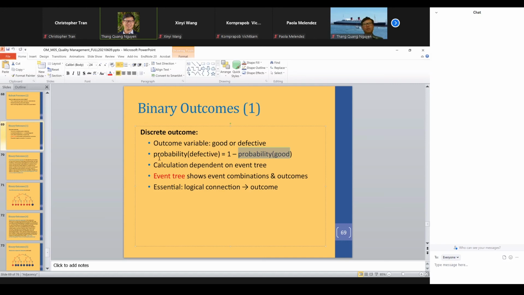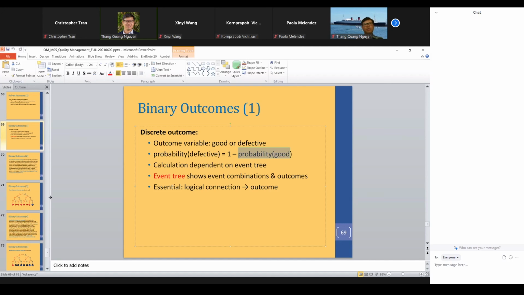We want to reduce the probability of being defective. And then to calculate these two probabilities, we will need to rely on the event tree. The event tree shows us the connection inside the situation, and it tells us the logic behind some outcome, good or defective, right? So in this case, we talk about defective and good.